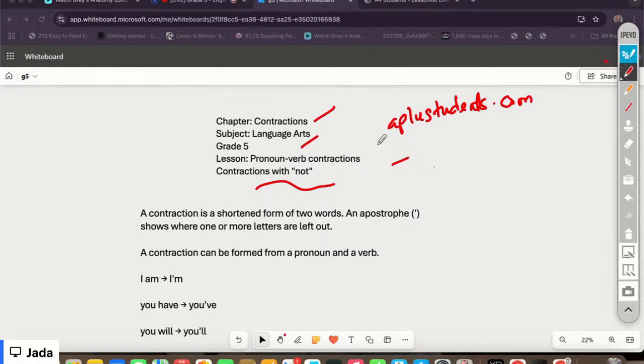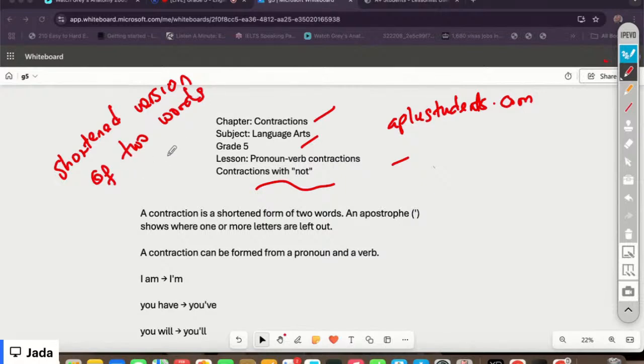All right, so first of all, we need to note what a contraction means. A contraction is a shortened form of two words. A contraction is a shortened version of two words joined, or when you have an apostrophe, it shows you where one letter and maybe two letters are left out. Okay?